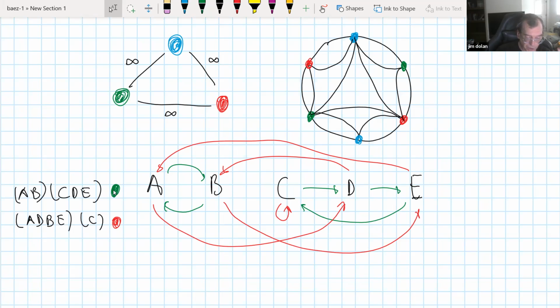That involves looking at the corners and stuff. Like I say, the green dots are the orbits of the green permutation, blue ones are the orbits of the blue, red ones are the orbits of the red.